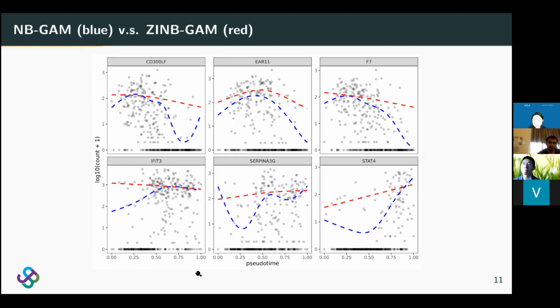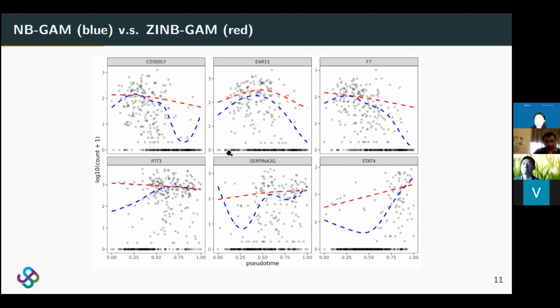So in our package, we leave both options for the user's choice. Our advice is that users should examine the gene expression versus pseudotime, and see whether they want to think of the zeros as biologically meaningful. If they think the zeros are meaningful, for example, here the zeros indeed indicate lower expression, then they should use NB-GAM.